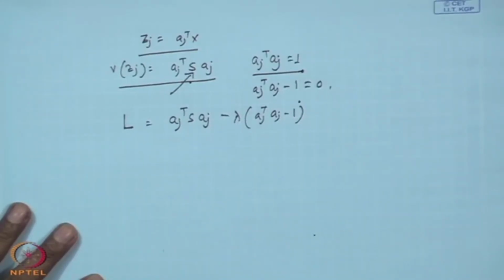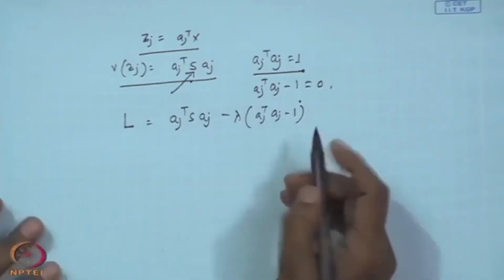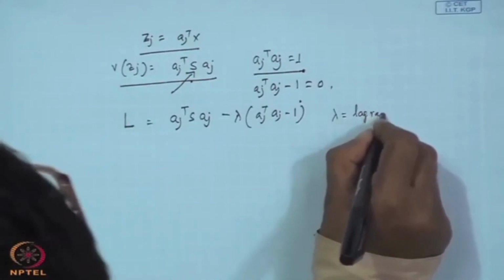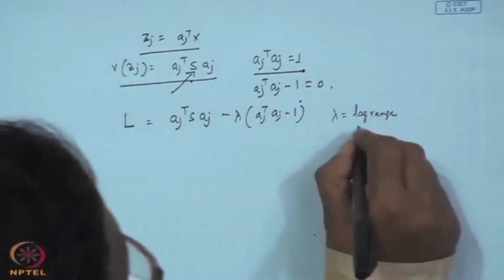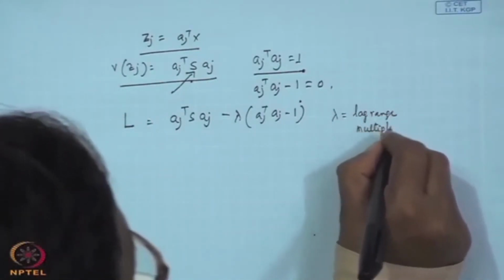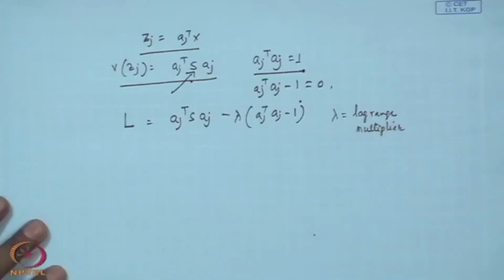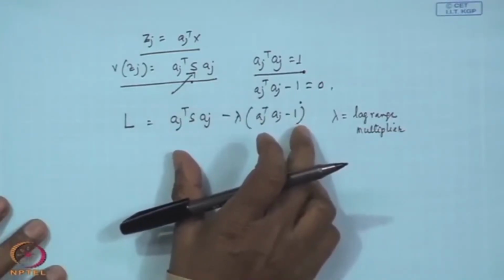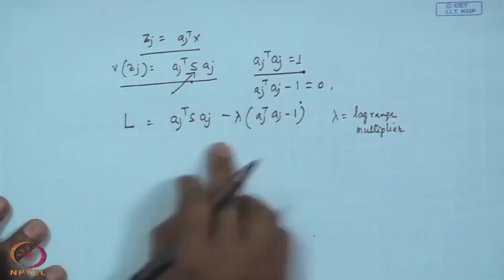Correct? So we are using a function where lambda is the Lagrange multiplier. You know that this is the general way of maximization using a Lagrange multiplier.